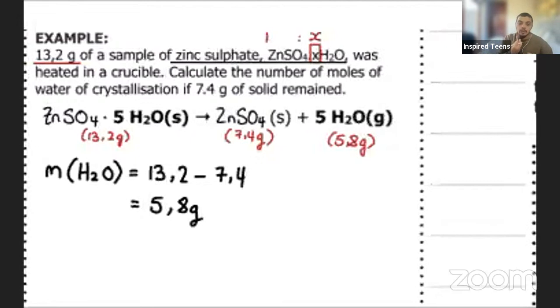So what we're going to do now is convert the masses of ZnSO4 and H2O to mole values and then compare them.